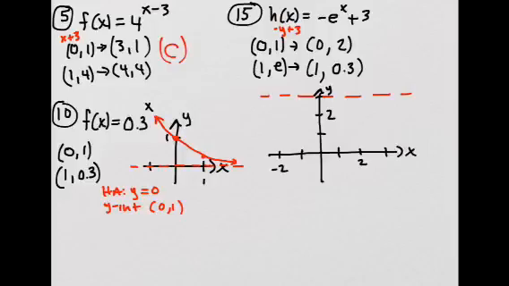Plot the point 0, 2 and 1, 0.3, so again approximately right here. And that's all you need, then connect the points. Okay, and they're just asking, it says identify any asymptotes of the graph. So this would be a horizontal asymptote at y equals 3.